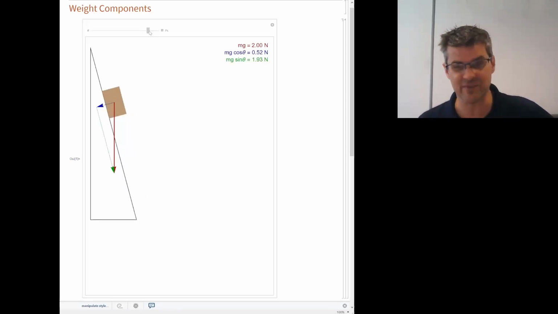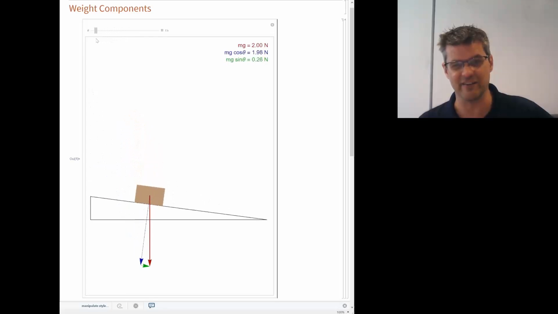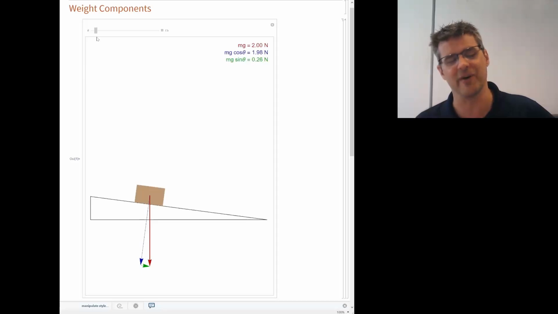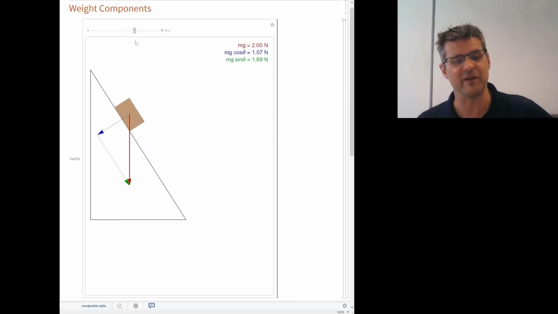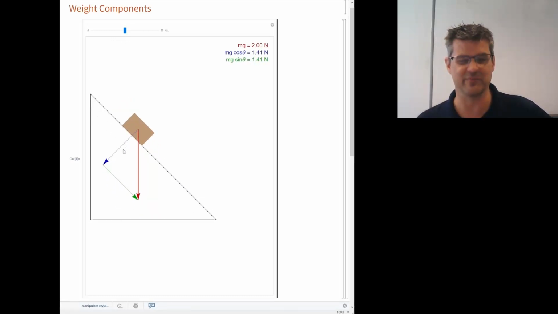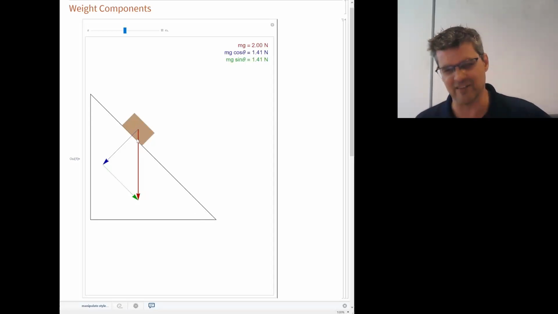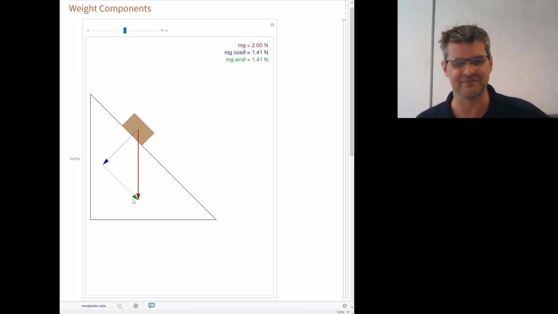Now for any of these arrangements, we see that the red never changes. The hypotenuse is the hypotenuse; the weight doesn't know anything about your ramp. It can't change. But based upon the ramp, we can have different components. Adding blue to green is always going to give us red. So what we're hopefully getting a little bit more intuition about is if this is some angle theta, this angle up here is the same angle theta if our right triangle has this parallel component here, this perpendicular component there.